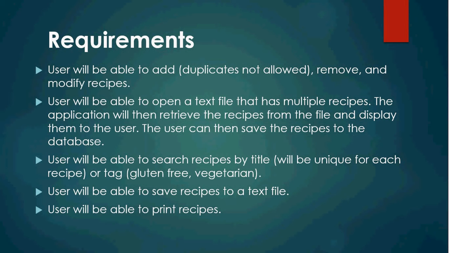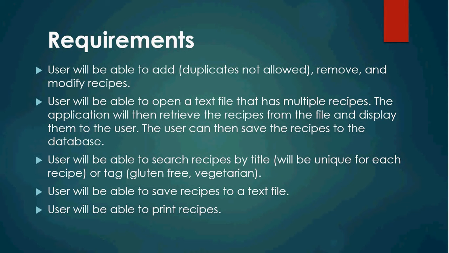I want to include this feature because with the add feature, the user can only add one recipe at a time. So by putting multiple recipes in a file and then having the application add all the recipes at once, it will be a lot faster for the user.